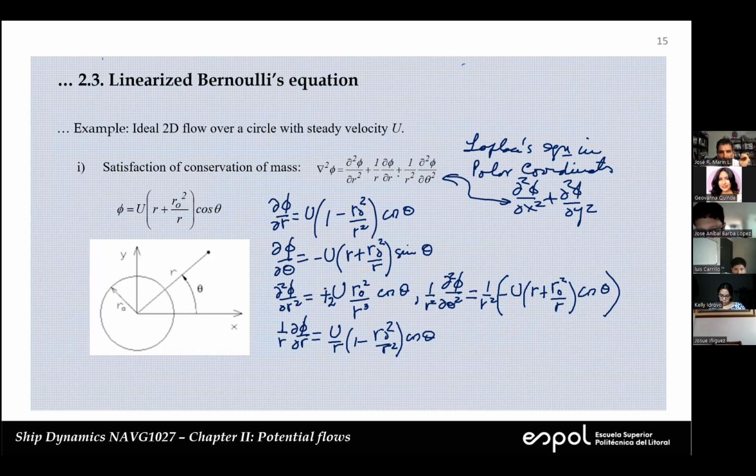Okay, so the minus 1 over r cubed here, I have another one here, so that's 2, and here I have 1 positive, so that cancels this and cancels that. And I have this one here, U over r cosine. I have minus U over r cosine, so that's 0.